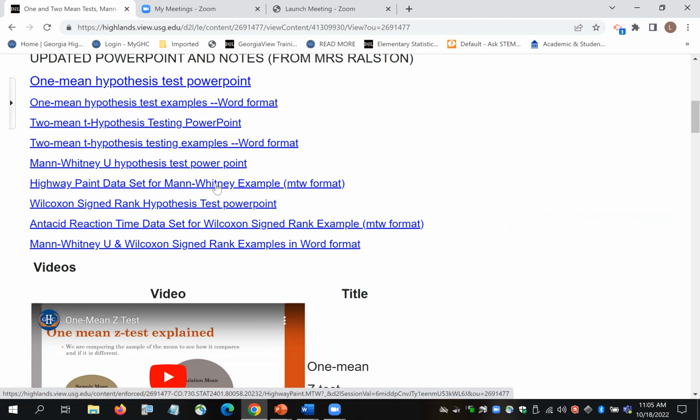There's a data set from Minitab that we need. I posted the PowerPoint for the Wilcoxon signed rank and the data set we need for that. And then in Word format, I posted the examples that we'll be using for Mann-Whitney and Wilcoxon signed. Okay, so all of that is available in D2L.